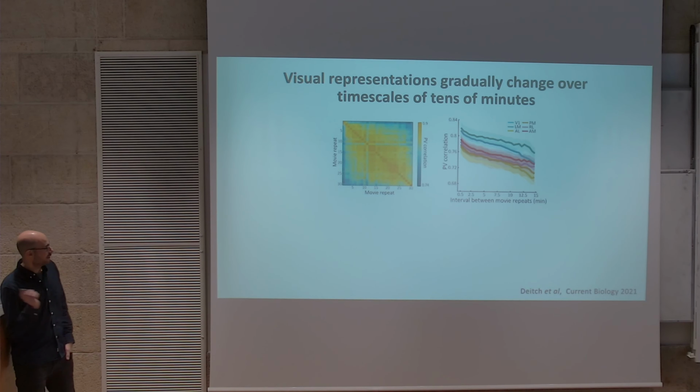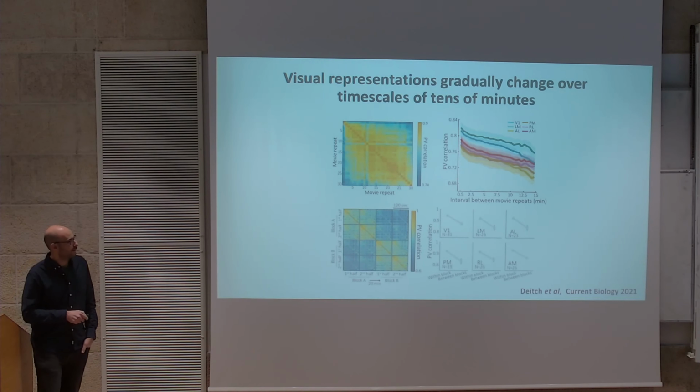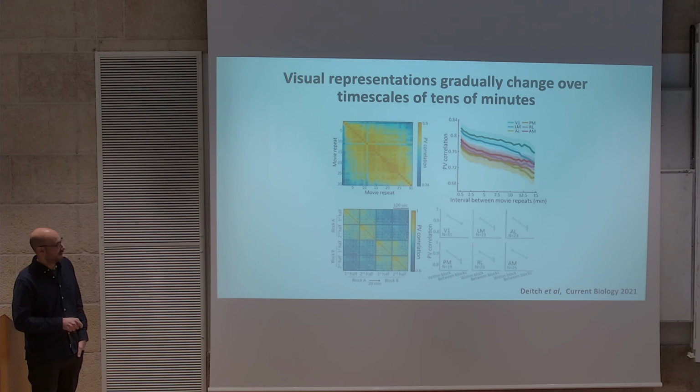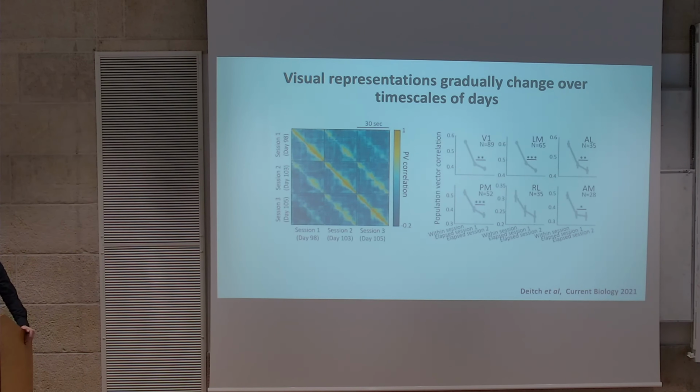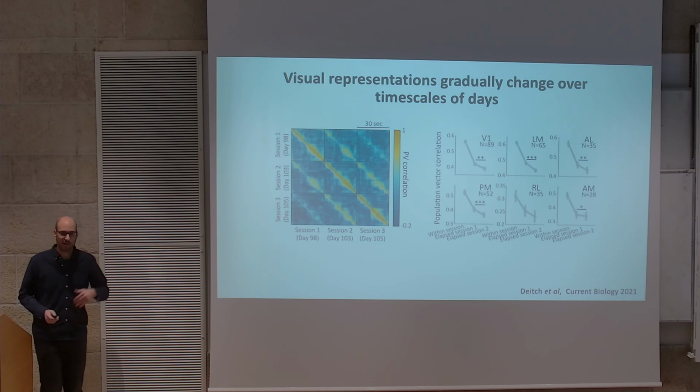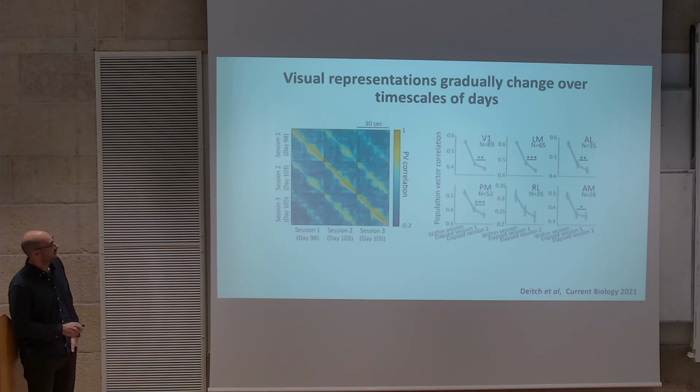And we can see the same thing when we compare across different blocks, again within the same session, across all 6 visual cortical areas. And similarly, we see the same thing when we look using the calcium imaging data across days. So this is again one mouse in area V1, and the population vector correlation matrix.